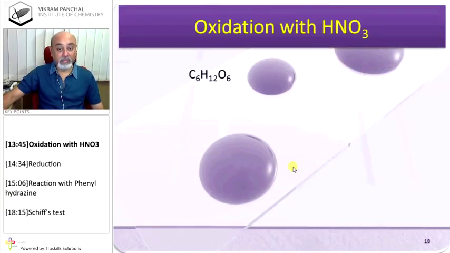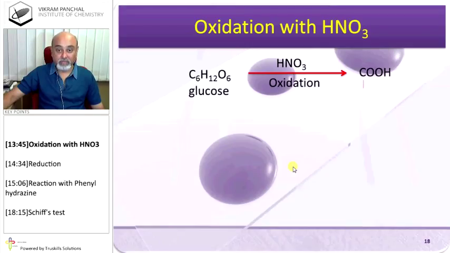Oxidation with nitric acid. Glucose on oxidation with nitric acid, which is a very strong oxidizing agent, gives saccharic acid. In saccharic acid, there are 2 COOH groups at the ends, and this is a 6-carbon compound.